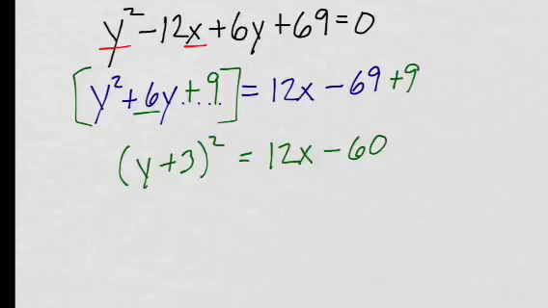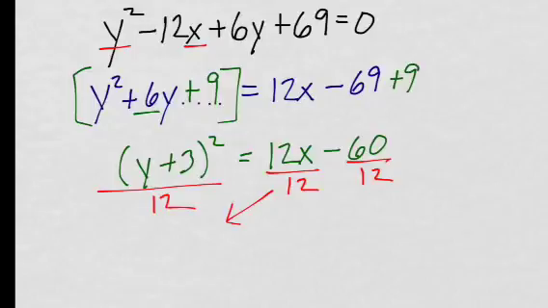We would rather have that x be by itself. We want an x without the 12 in front of it. So I'm going to come in here and I'm going to divide everything by 12. So divide by 12. Divide this by 12. We'll divide this by 12. And just to add confusion, I'm going to just swap sides.